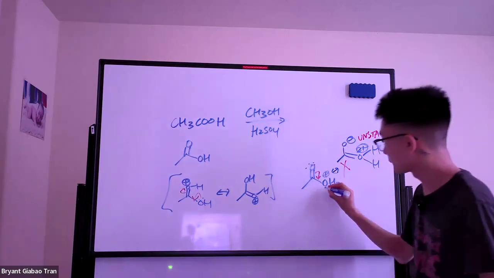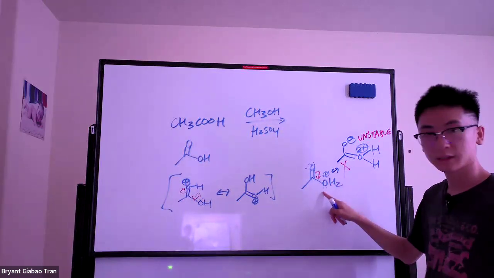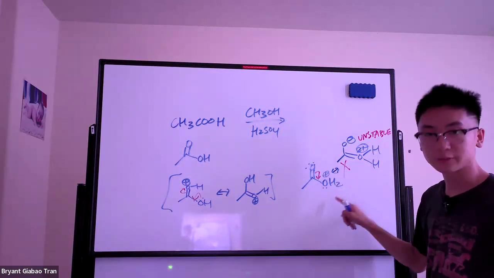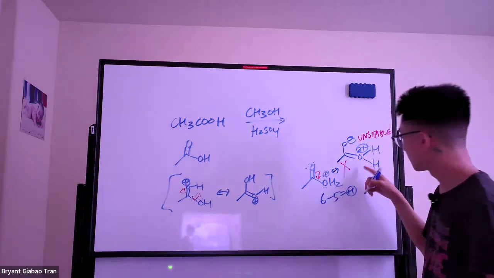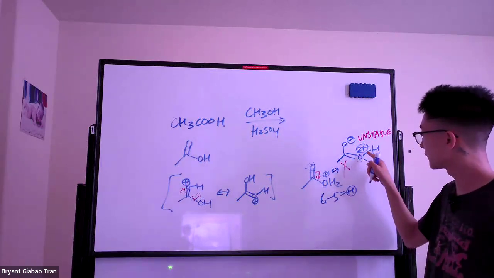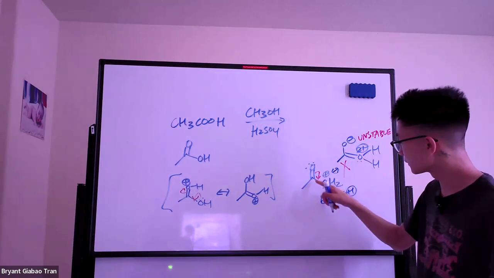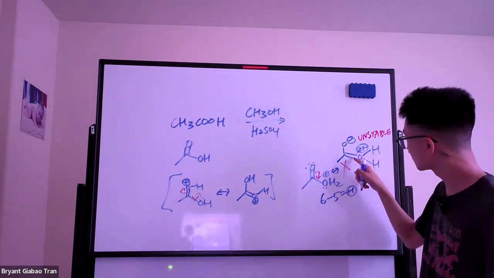Because when we calculate formal charge, this oxygen right here has 3 bonds and 1 lone pair of electrons. So it has 1, 2, 3, 4, 5 electrons to itself. 6 minus 5 is +1. Right here, this oxygen has 1, 2, 3, 4, 5. 1, 2, 3.